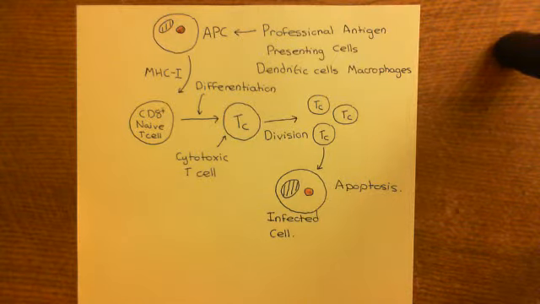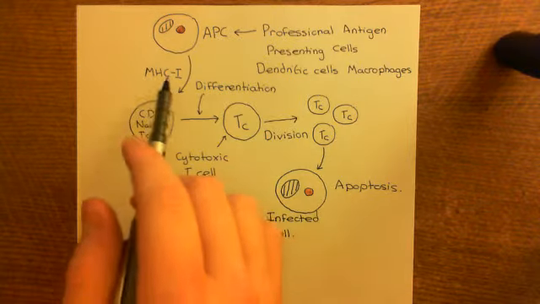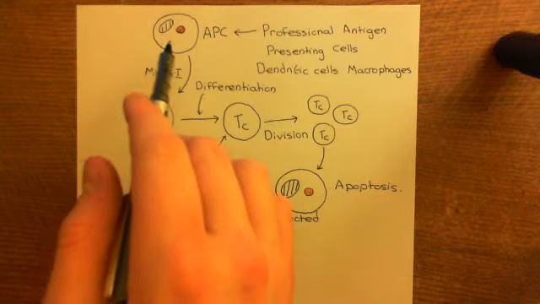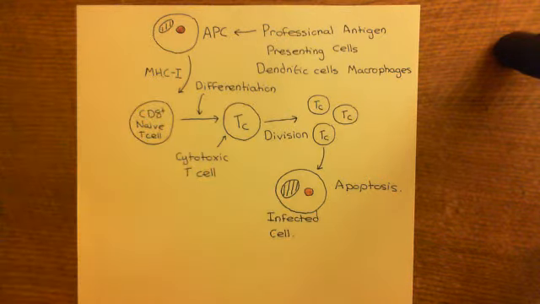Okay, and when it's in the extracellular fluid, it's susceptible to being phagocytosed, and we know if a pathogen is phagocytosed, then its antigens will be presented by these antigen-presenting cells, not on MHC class 1, as was the case when it was within the cytoplasm, but instead on MHC class 2.